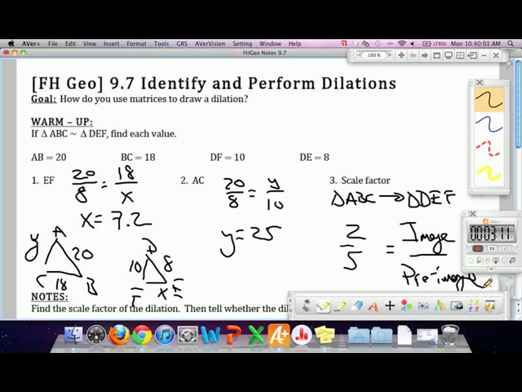What's nice is that if you've been doing it this way up to this point, then your definition is not going to have to change for finding a scale factor and for finding a scalar multiplication. All that stuff works together in harmony. If you don't, you're going to have to learn two different rules.